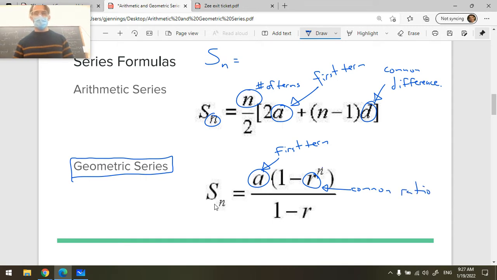And N, of course, is the number of terms. Here we don't have N minus 1, it's just N. And that's all divided by 1 minus R. Okay. We're going to use this formula tomorrow in a modified form for some really cool financial applications.